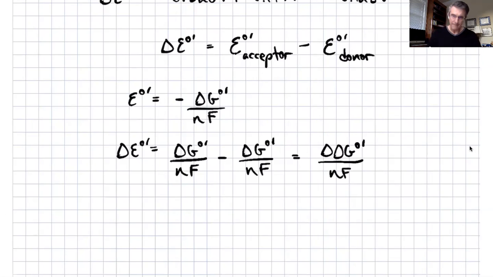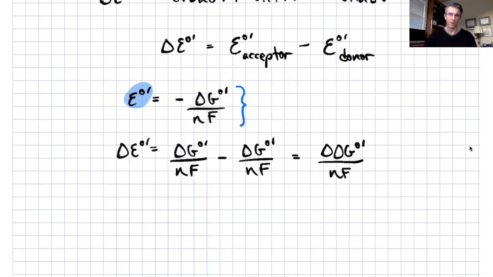Remember, when I first went through that derivation of electrical work, it's defined with reference to moving that particle from an infinite distance to a particular point in an electrostatic field. In other words, these standard state reduction potentials are all referenced to zero, or the free energy difference is referenced to a value of zero.